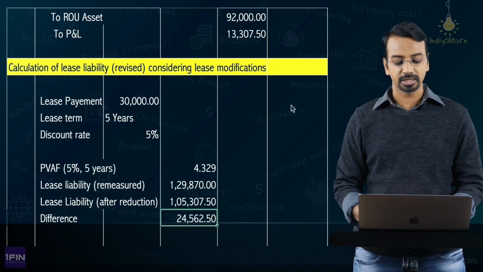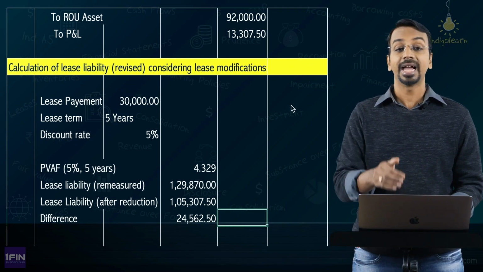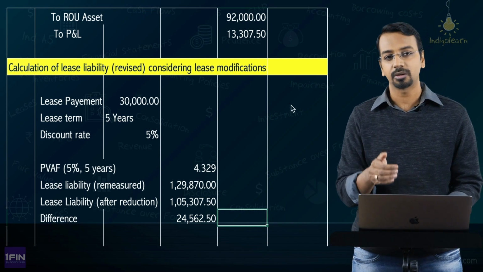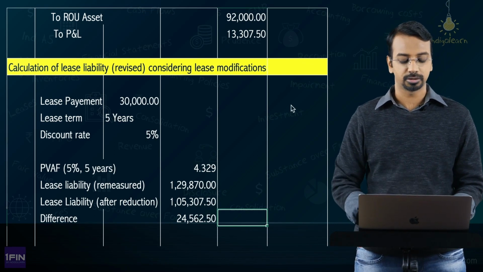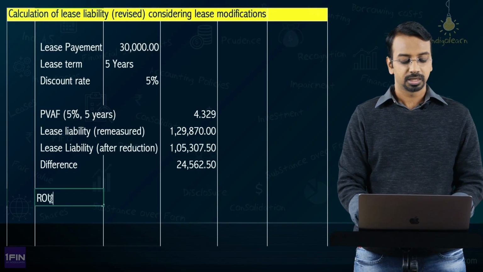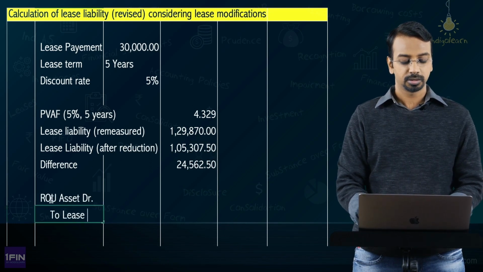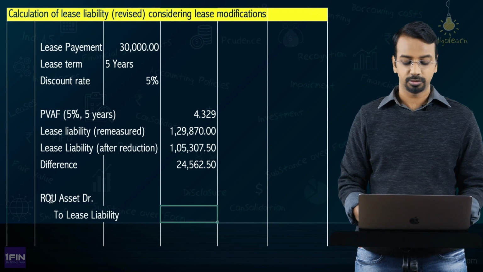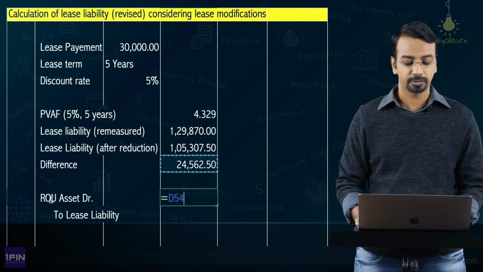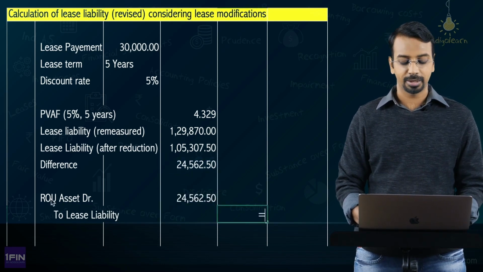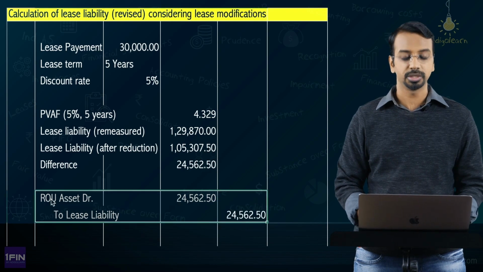Now this 24,562 difference will be adjusted to the lease liability and corresponding adjustment will happen in right of use asset. So your entry will be right of use asset debit to lease liability. Okay, so right of use asset debit by 24,562 and credit lease liability by 24,562. So this will be the entry.